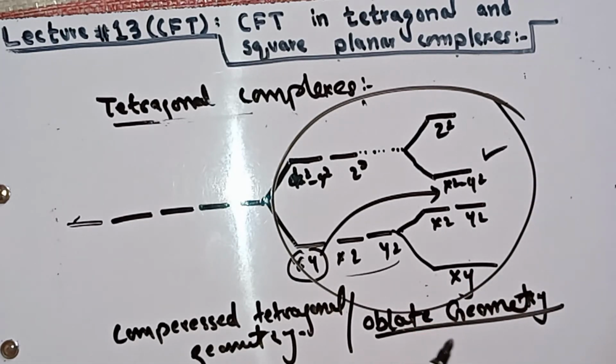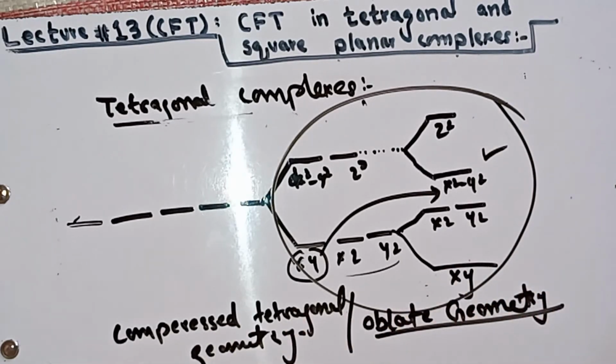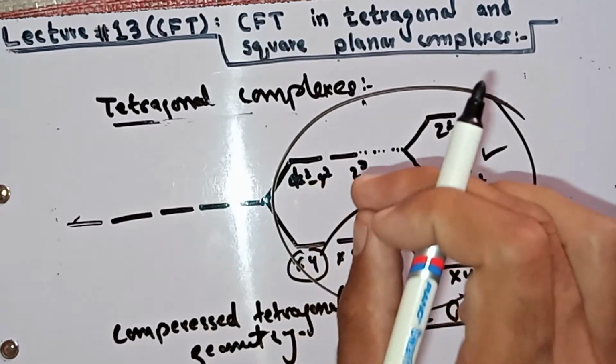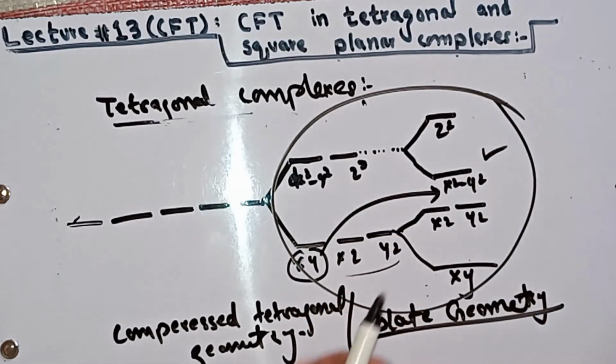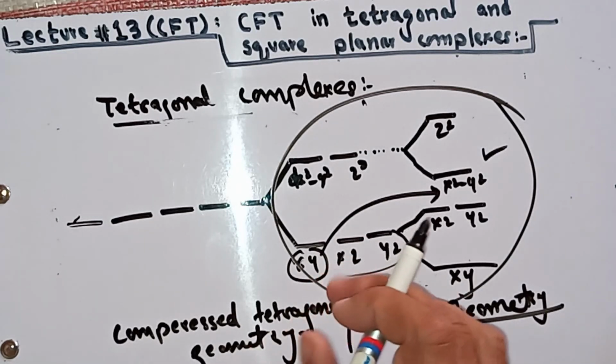Is it clear? While if the equatorial bonds are stronger and the axial bonds are weaker, it means axial bonds are longer and equatorial bonds are shorter.